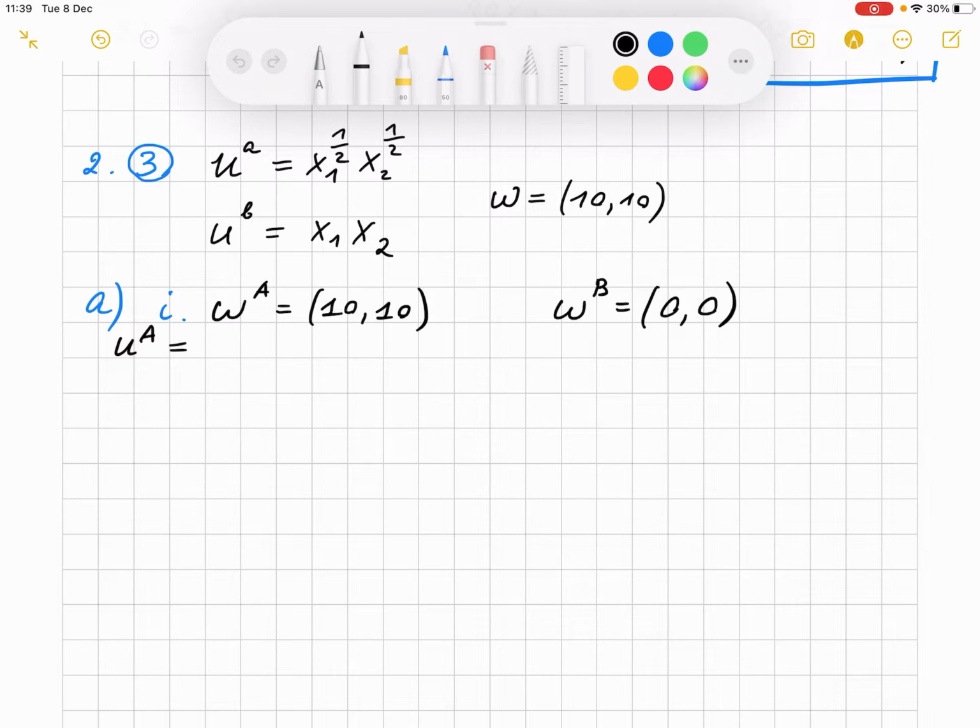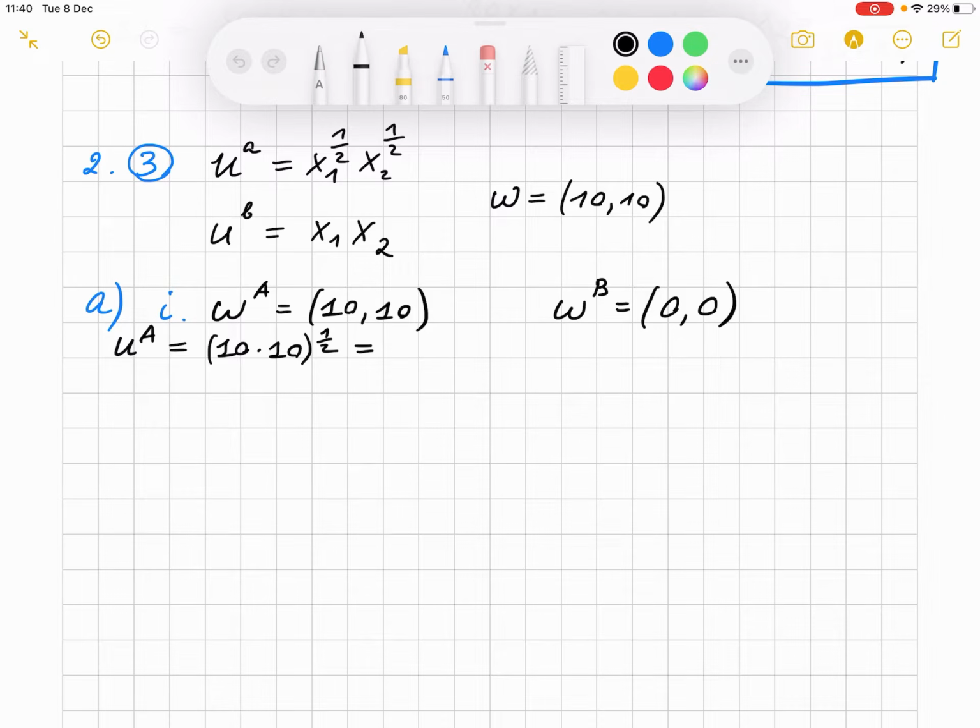And so for this you just have to substitute these allocations, so 10 and 10 in case of agent A, into his utility function. So you substitute 10 times 10, and then that's square root.